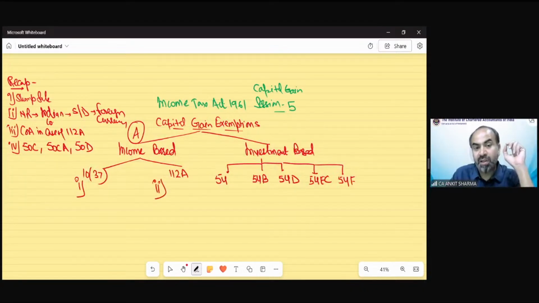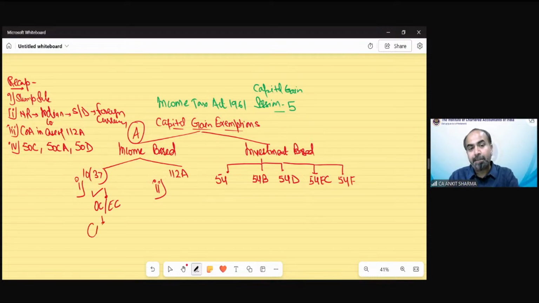One is section 10(37), in which you are receiving compensation, whether original compensation or enhanced compensation, for compulsory acquisition of your agricultural land. So if you are receiving original or enhanced compensation against compulsory acquisition of your agricultural land, then that compensation is going to be exempted.